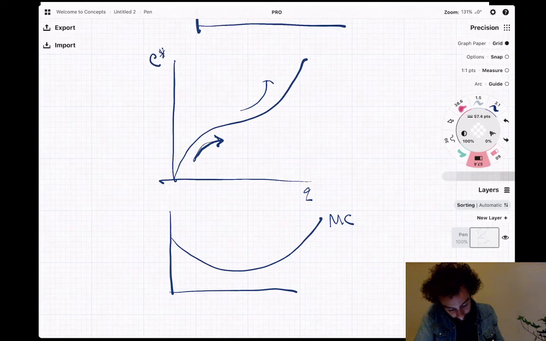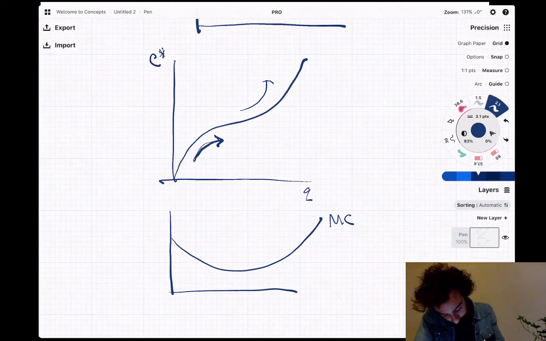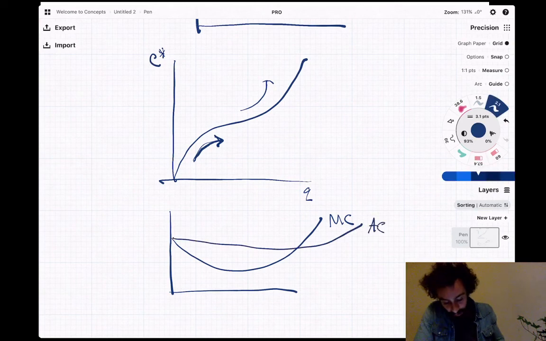Maybe it looks like this. And this point where they cross is the minimum of the average cost line.